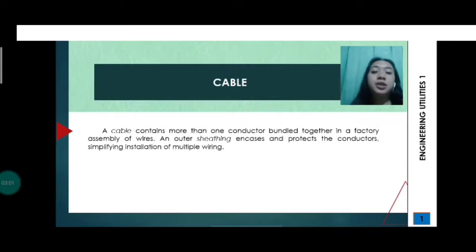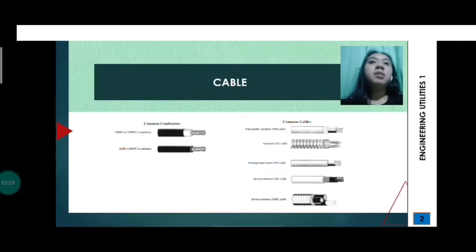There are many types of conductors, but in this topic, we will tackle the 7 common cables, and these cables are the following: non-metallic sheeted cables, underground feeder cables, service entrance cables, armored cables, metal-clad cables, flat conductor cables, and thermostat cables.